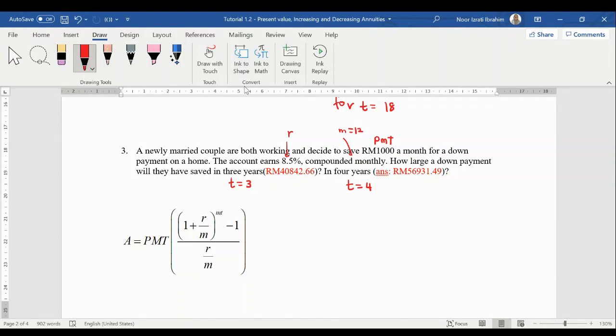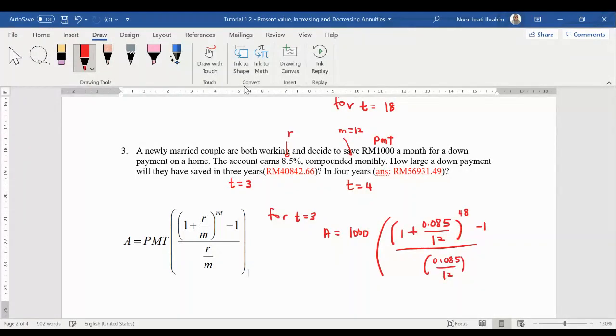So for T equals 3, just put it in the formula, 1,000 multiplied with 1 plus R, 0.085 over M, compounded monthly M equals 12, to the power of MT. 12 times 4, 48, minus 1 divided by R over M, 0.085 over 12.